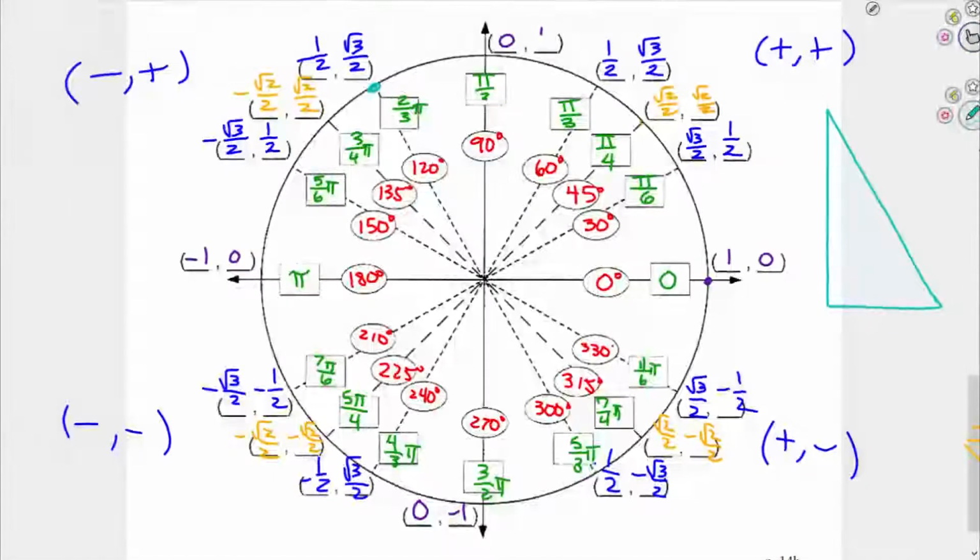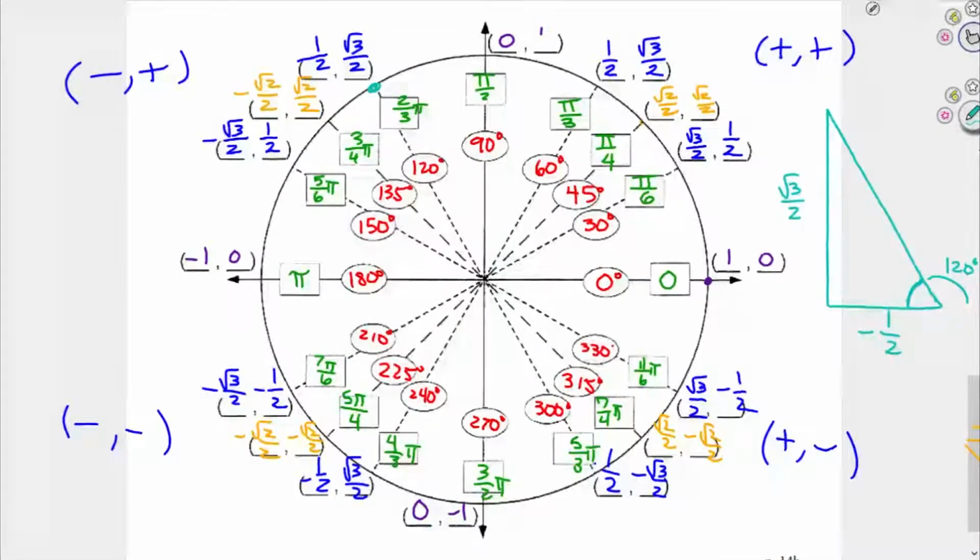I know that I went to the left, -1/2, and up the long leg, √3/2. And I'm focused on this angle right here, which is 60 degrees, but really comes down to be 120. So I'm thinking about 120 degrees or 2/3 pi.